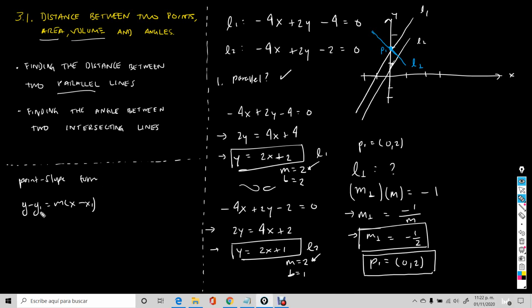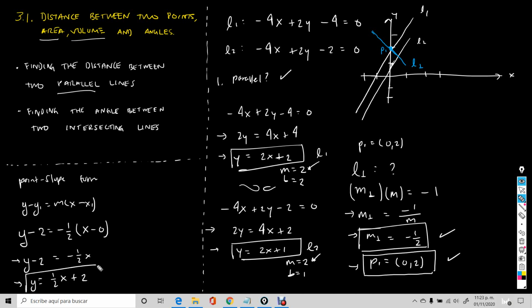There you go. In which m is the slope and x1, y1 is the point. So all I have to do is to substitute these two things in this form. So y minus y1, which is 2, equals the slope, which is minus 1/2, times x minus x1, which is 0. There you go. And we just try to simplify.